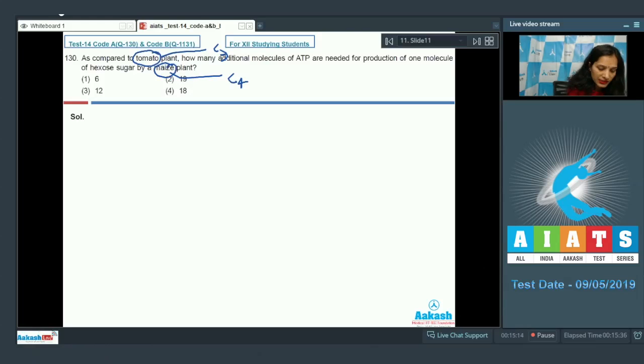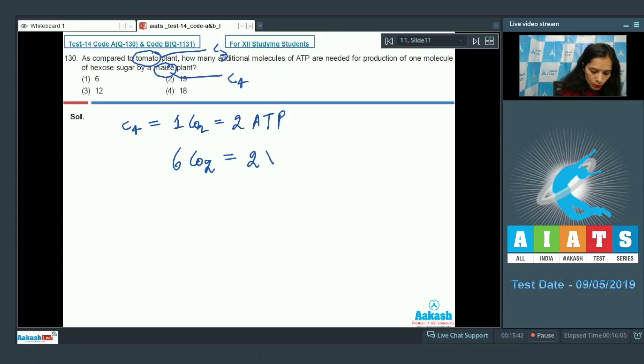Maize is a C4 plant, and in C4 plants, to fix a CO2 molecule, 2 additional ATPs are required as compared to a C3 plant. Hence, to produce a hexose sugar, we have to fix 6 CO2 molecules, and for 6 CO2 molecules it should be 2 into 6, that is 12 ATP molecules.